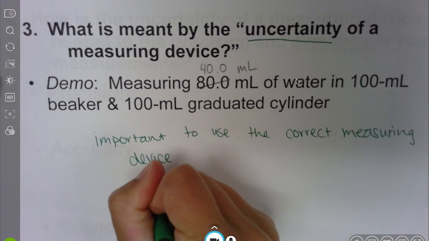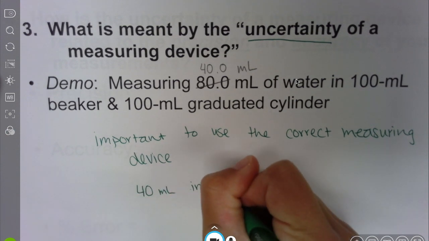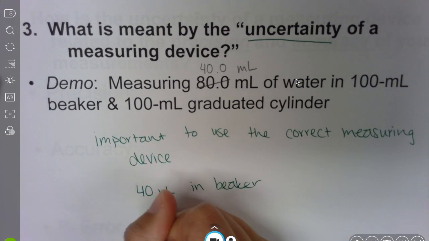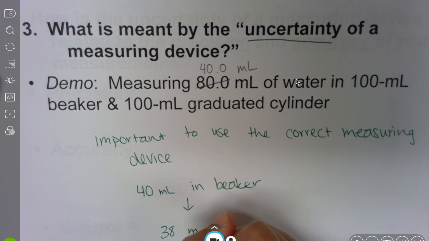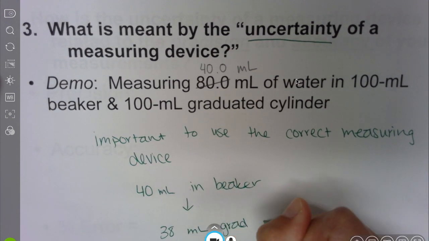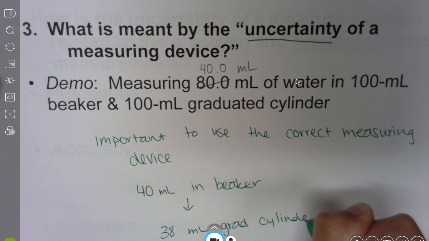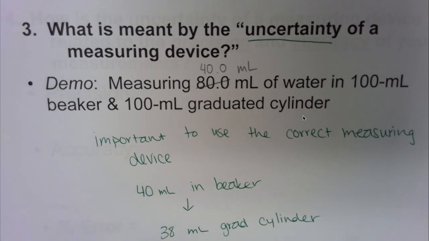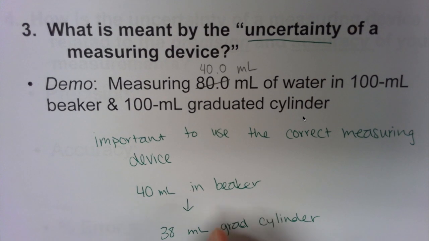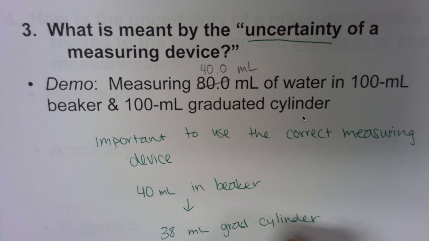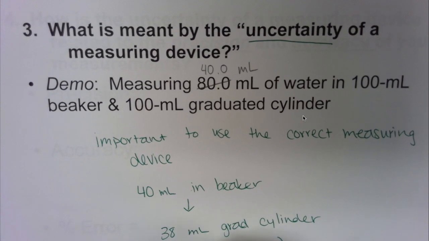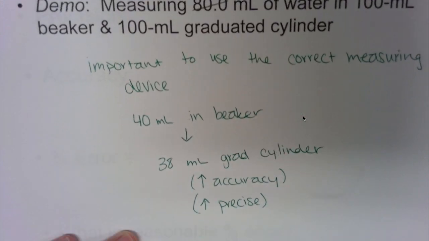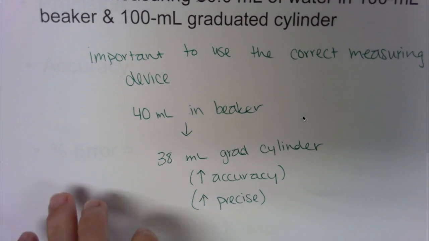Okay. 40 milliliters in the beaker was actually 38 milliliters in the grad cylinder. We want to always use graduated cylinders to measure out our volumes because they are more accurate. They are higher in accuracy. They are more precise in their measurement. Therefore, we always want to use those. Okay? So that's your little demo.